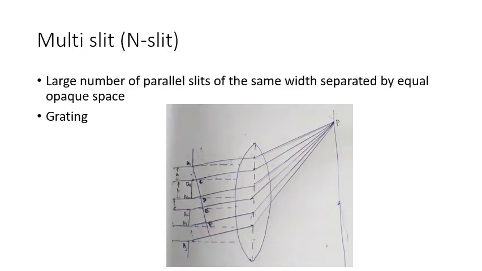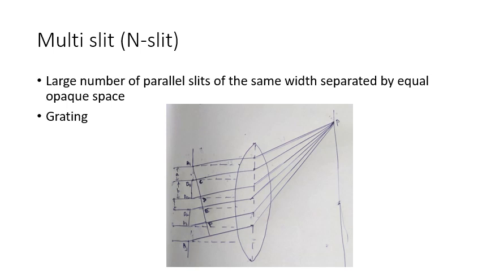Well, first I would like to explain what is multislit. You know that in single slit we have only one opening, and through that opening we have allowed the light, whereas in the double slit we have two openings.